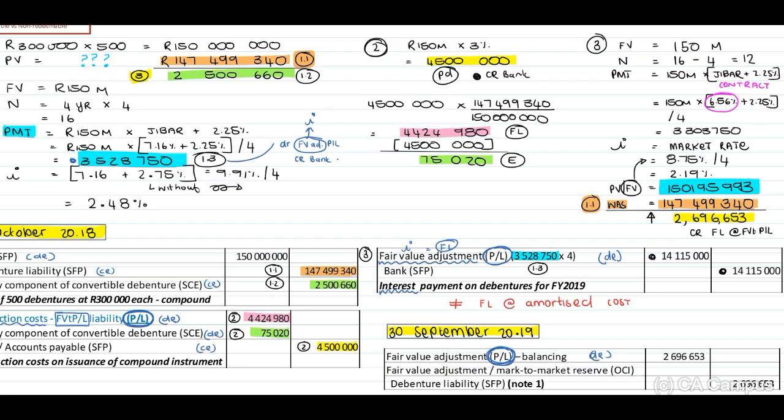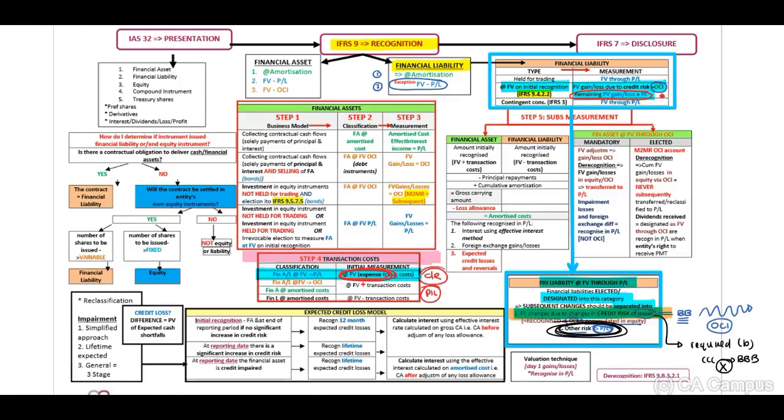Why? Because the standard indicates to us, when you look at our principles, that if there's a fair value adjustment right side of your screen, guys, fair value due to changes in credit risk, which we don't know at this point. They only indicated this to us in part B. This will be recognized in our OCI.